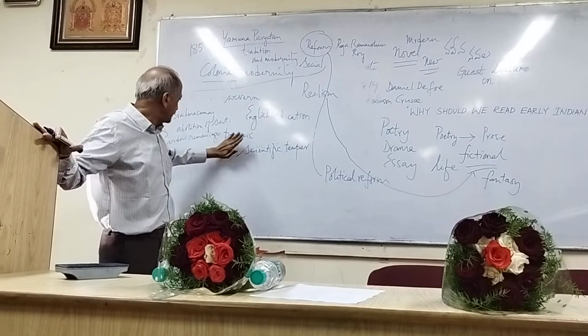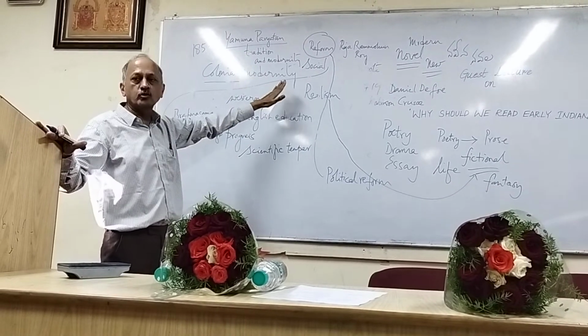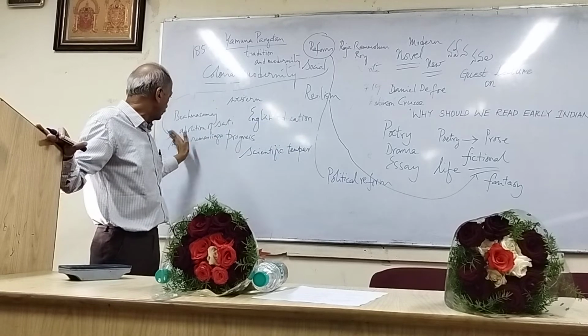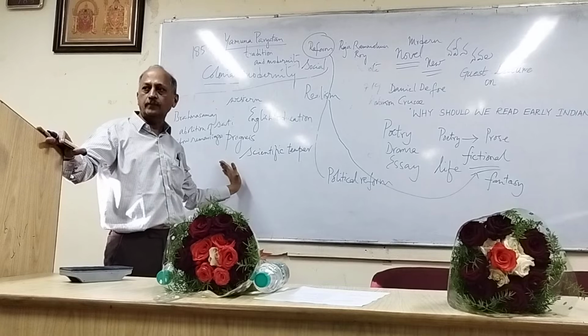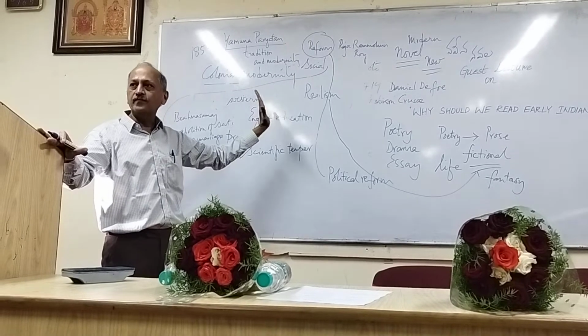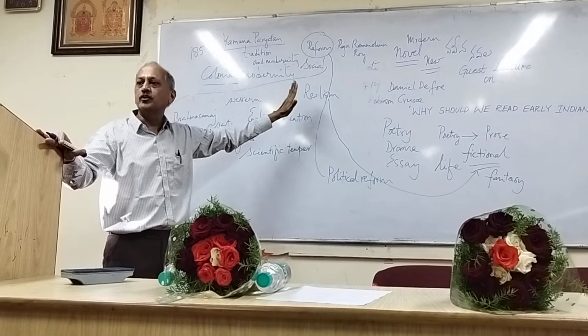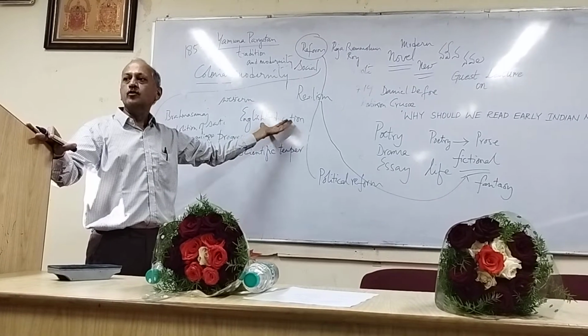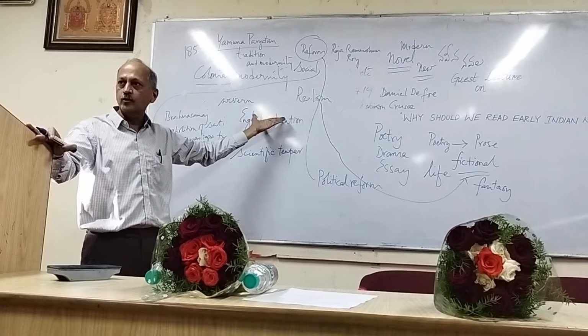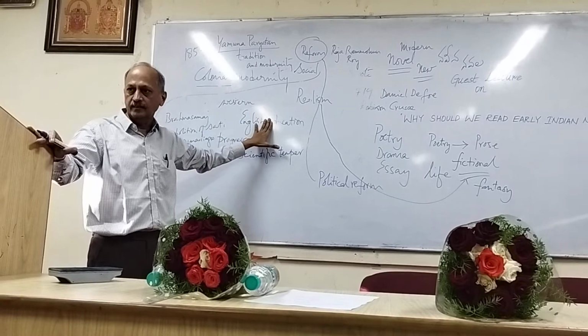There are several people who talked about social reform, who also talked about widow remarriage, abolition of child marriages. But all of them did not uniformly talk also about the need to educate women. It's only when you educate women, so the reform must come from within.